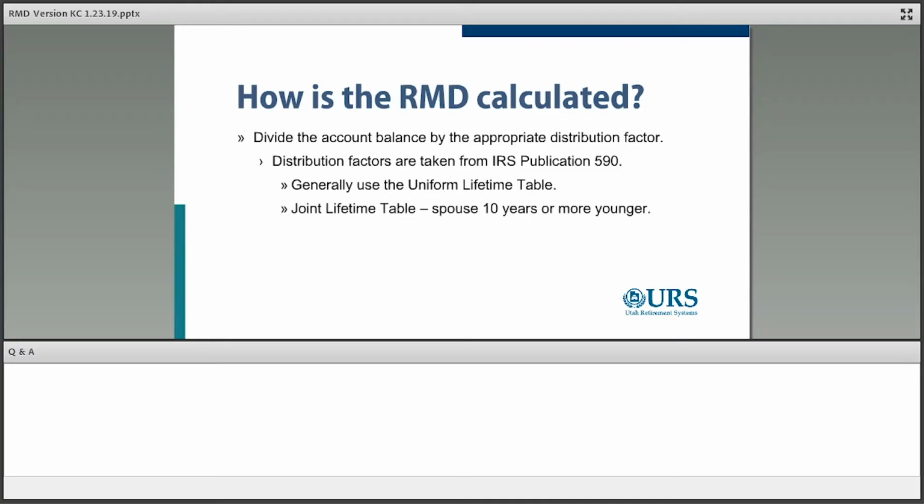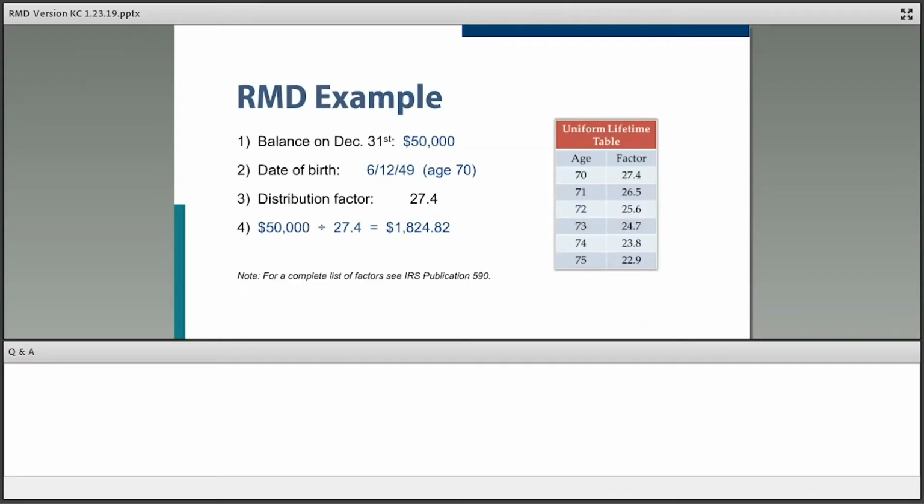What's happening with that joint lifetime table, if you have a spouse that is 10 or more years younger than you, the factors that are in that joint lifetime table allow you to take a little smaller minimum distribution, the notion being that way with a spouse that is significantly younger, it'll stretch out the account a little bit longer. Otherwise, if you don't have a spouse that is 10 or more years younger, you will need to use the Uniform Lifetime Table.